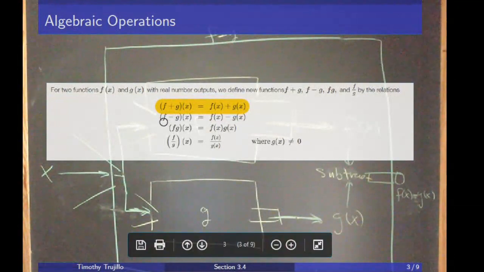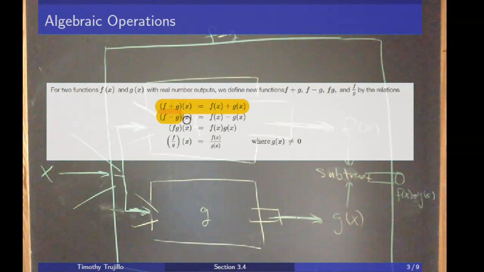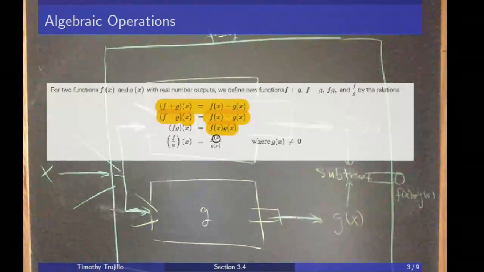If I want to evaluate the function f minus g, so this is the subtraction of the two functions, if I want to evaluate that new function at x, well, I evaluate x at f, I evaluate x at g, and then I subtract the two of them. And that's what this output is saying. For multiplication, I just multiply the two outputs, and for division, I just divide the two outputs, f of x over g of x.